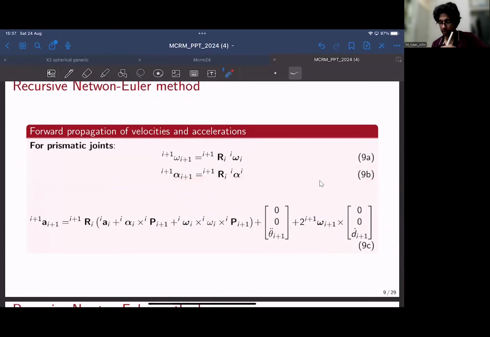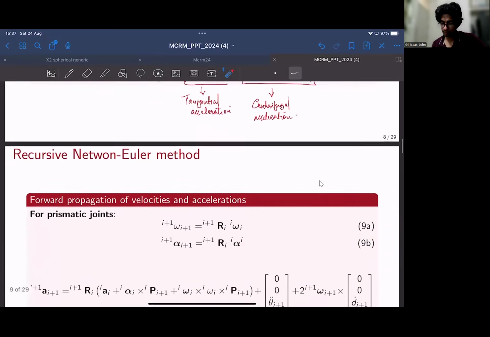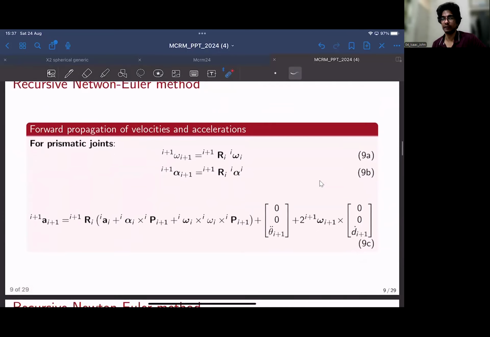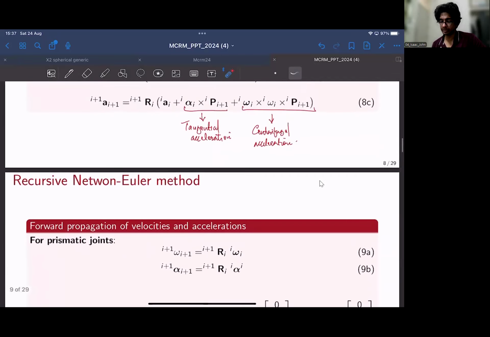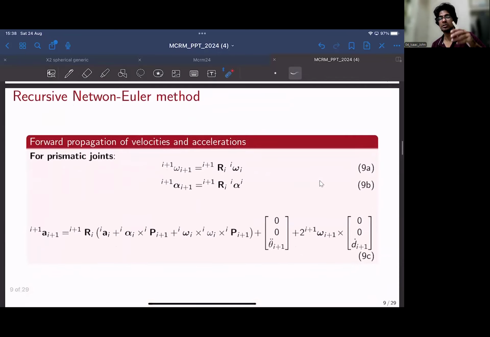But when you take a look at this expression for acceleration, it's much lengthier than in the case of a revolute joint, because in addition to the terms that we have covered for the revolute joint, there are a couple more terms, due to the existence of linear velocity and linear acceleration components, because it's a prismatic joint. Similar to the earlier equation, we have this equation that is the tangential acceleration.